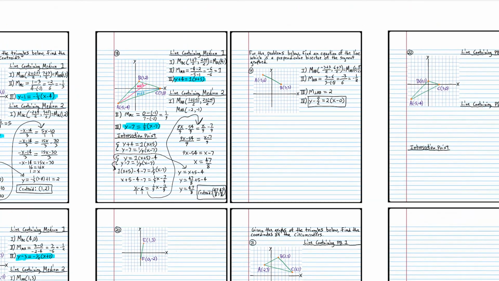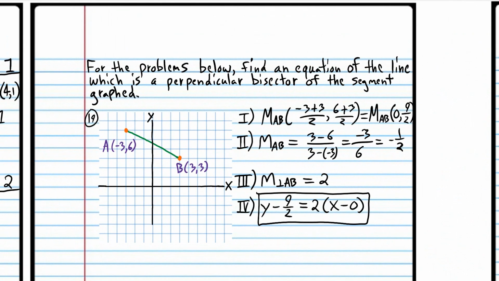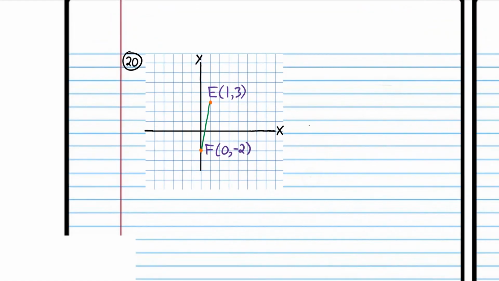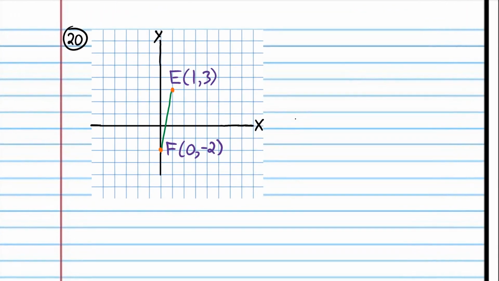So why don't you take a screenshot of that, because you're going to do a problem just like that. Go ahead and try number 20. We want to find the equation of the perpendicular bisector of that segment, the equation of the line. So try number 20, and when you come back, we'll do it together.